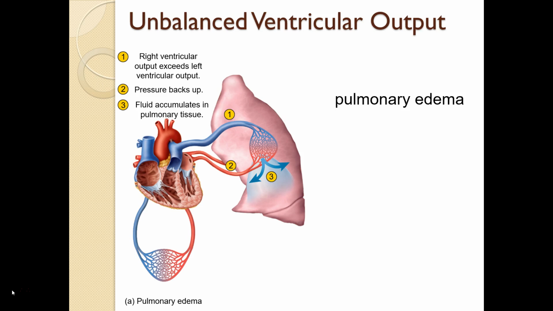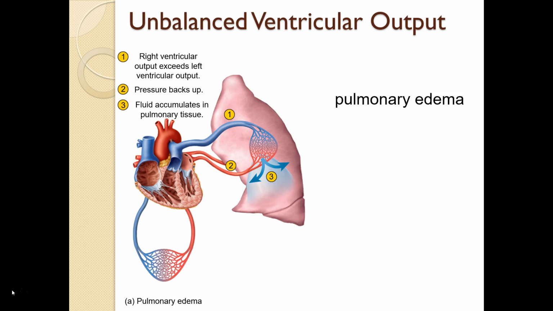So think about this. I want you all to not only just look at the picture, but kind of have an understanding of why. So if the right ventricles, think what's happening with the right ventricles. The right ventricles are sending blood where? To the lungs, right?